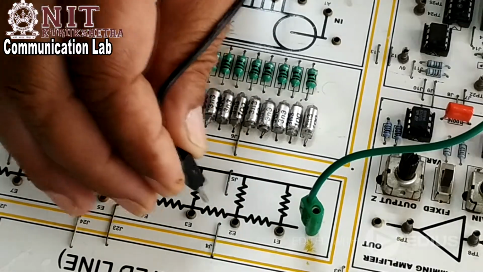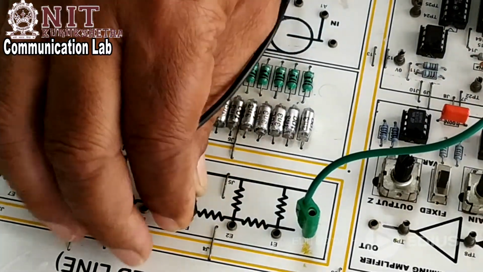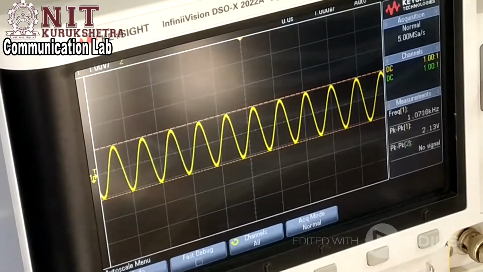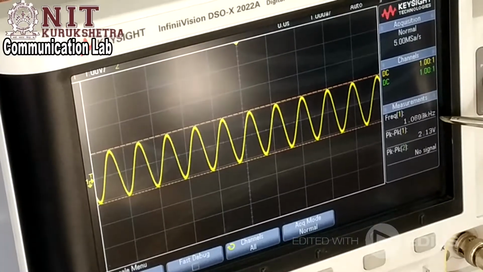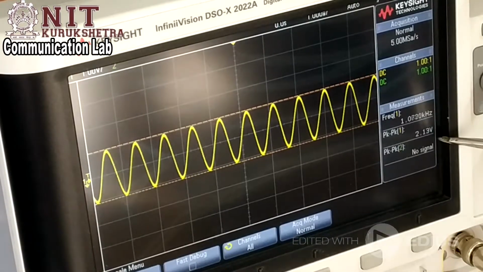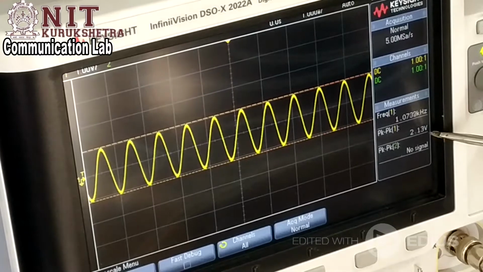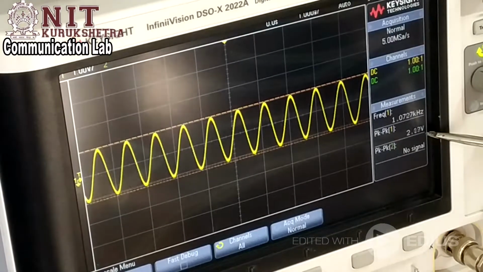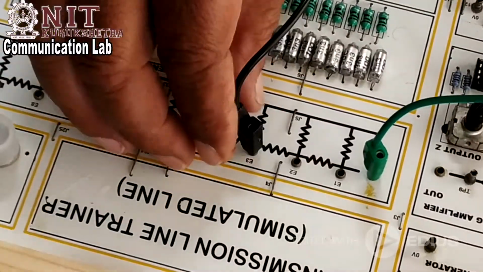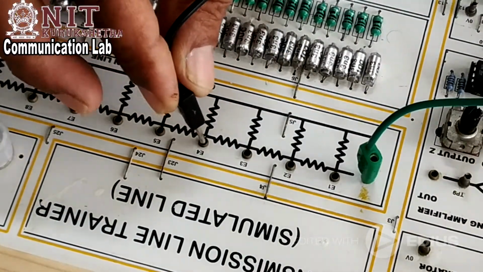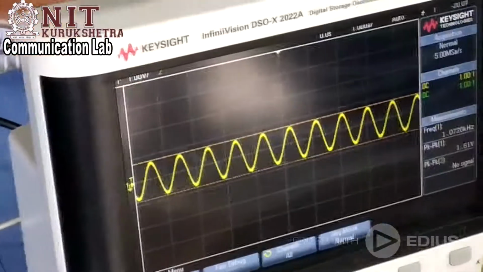Next, now we are connecting it at E3. At E3 you can see on the CRO the frequency is 1 kilohertz and the voltage is 2.1 volt. Now we are connecting on E4.